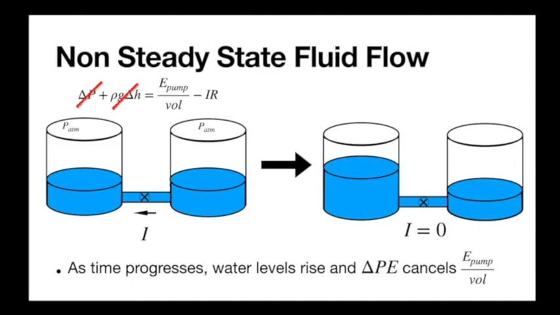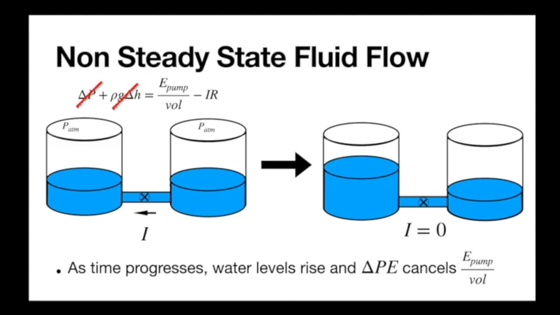So our Bernoulli equation is just E pump over volume equals IR. In other words, the flow rate is determined by the energy density of the pump. If you can stretch a little bit, this looks a lot like a battery and a resistor in a circuit, where the flow rate is determined by the strength of the battery, which is E pump over volume here, and the resistance R.